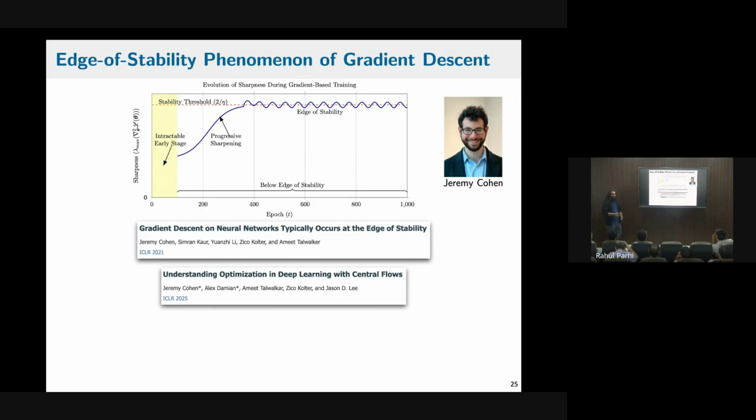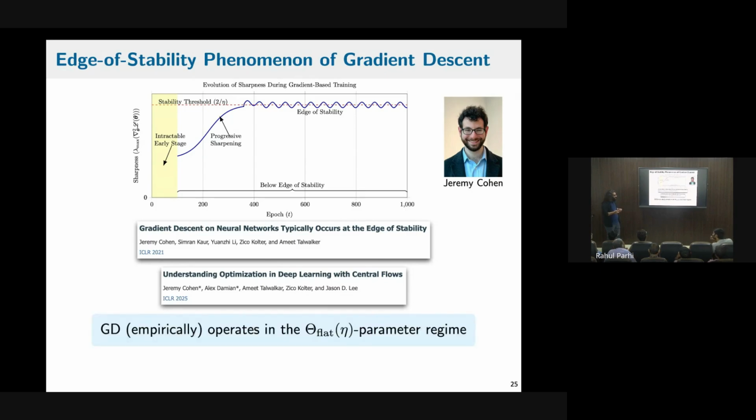So this is the edge of stability phenomenon: you're oscillating around the edge of stability in gradient-based training. So if you want to look at gradient descent trajectories and study the ones that you end up living in for a large portion of the training, studying this theta flat class is not too strange actually. In particular, it does capture real gradient descent trajectories.